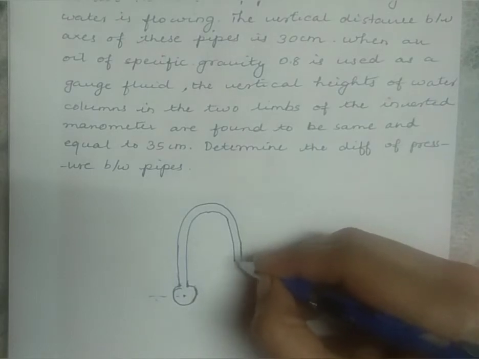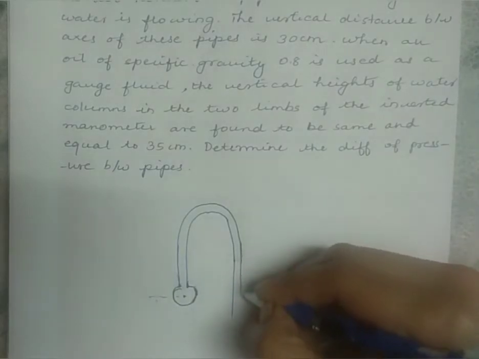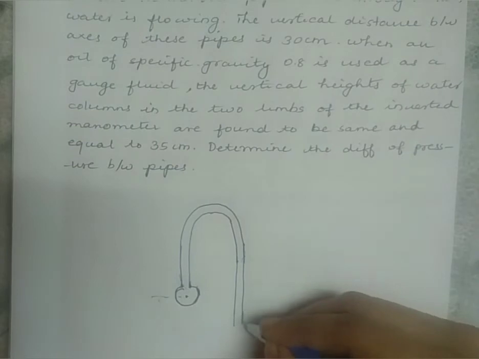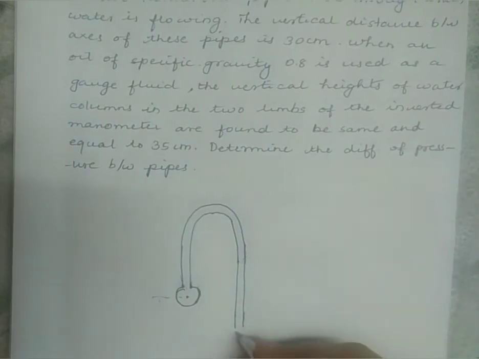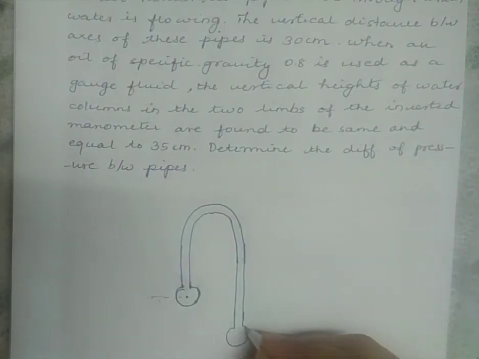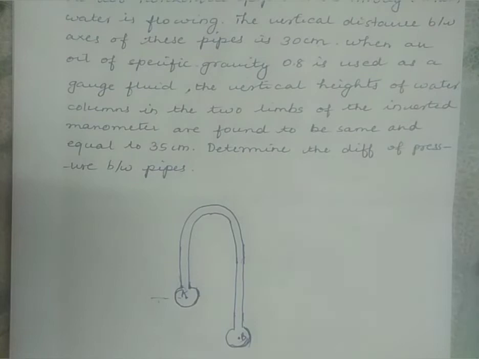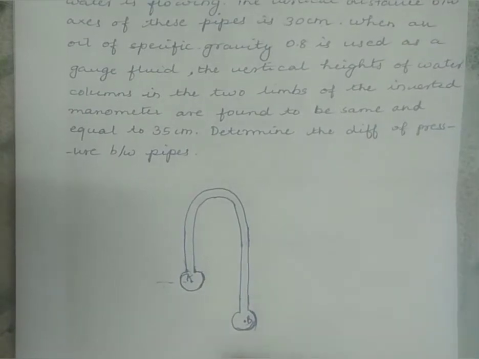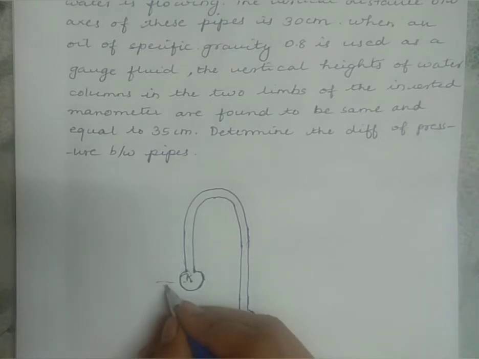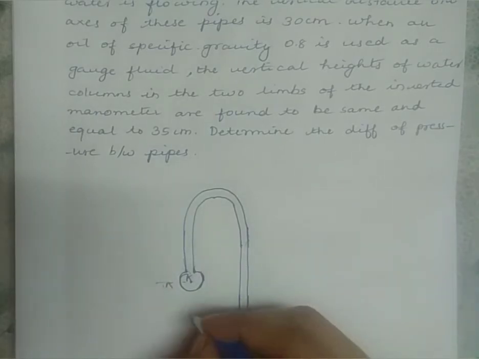So these are at two different heights, and I am drawing like this. So this is the second pipe. Let this be B. Let this be A. These are at two different levels. And what is the difference in height between these two pipes? It is given as 30 centimeters.